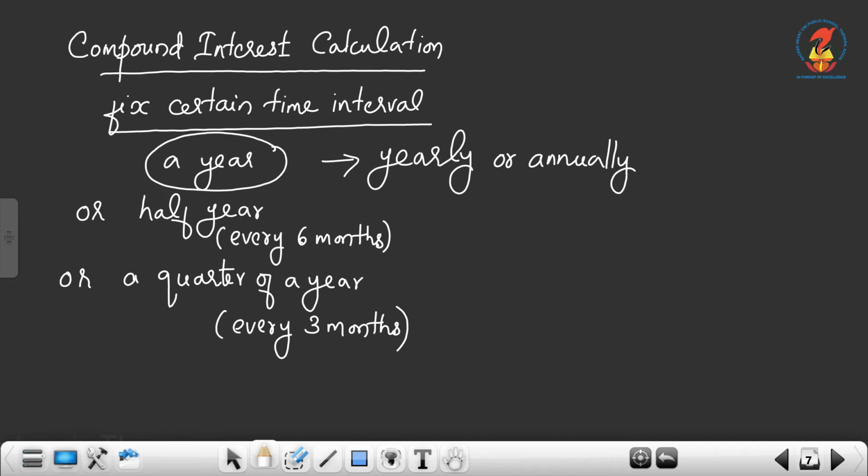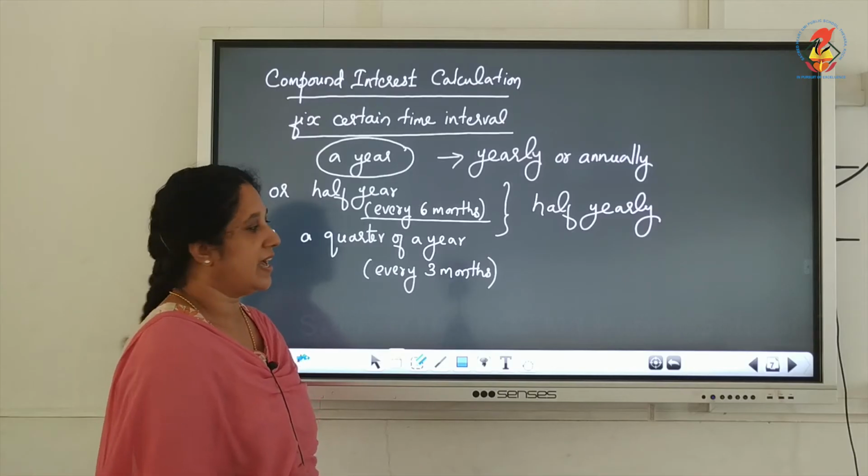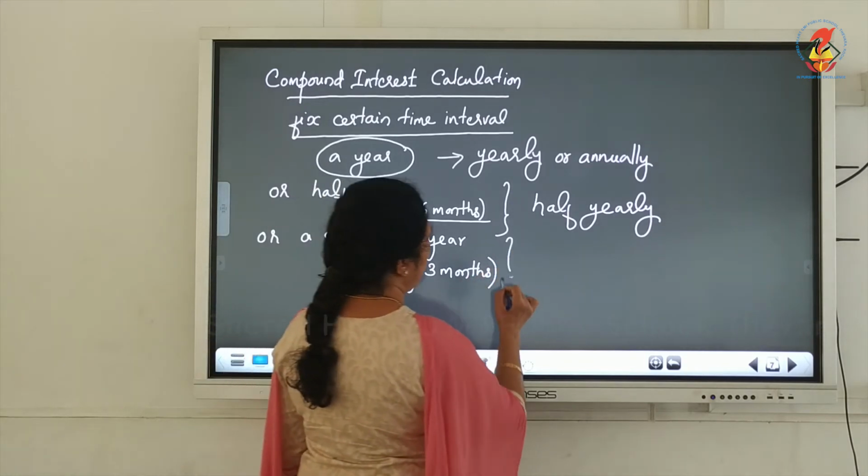Then half year, that means every 6 months, we can calculate the interest, and we call it half yearly. And the third one, quarter of a year, that means every 3 months we can calculate the interest, and we say that it is quarterly.